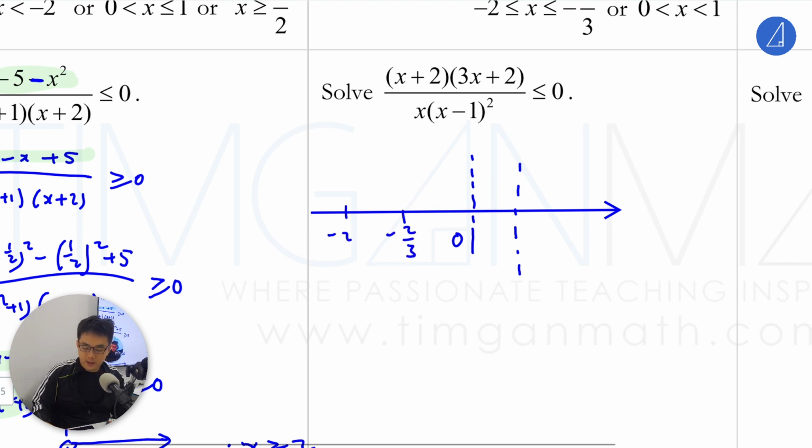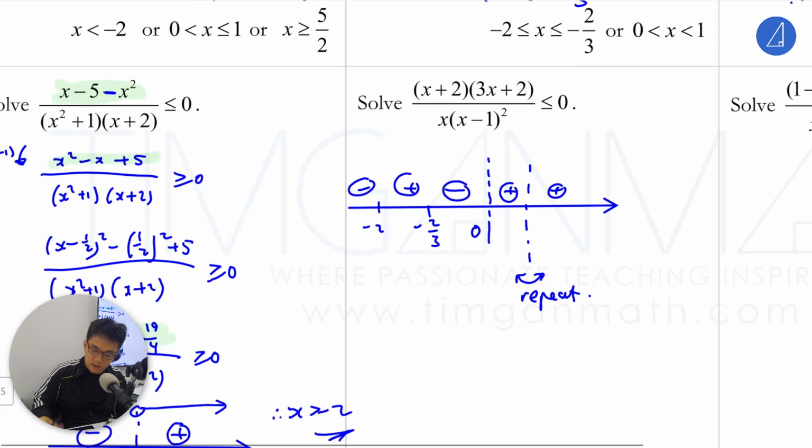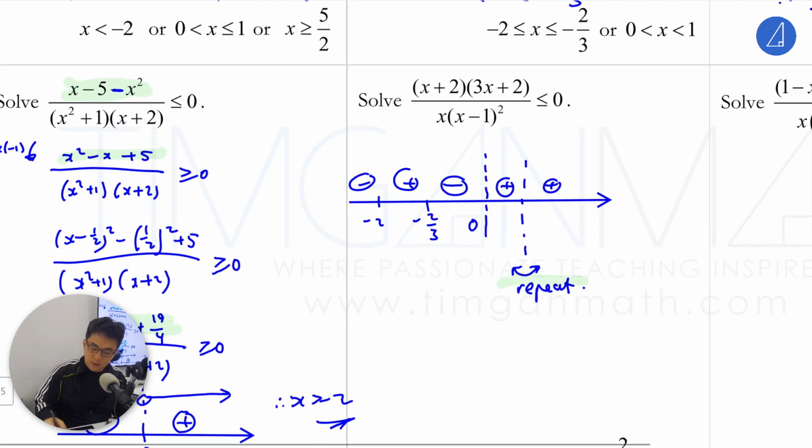Easy game. Huge value will be positive. This guy is repeating. Repeats as well. So plus, minus, plus, minus. Just repeat. So once you repeat, you want the negative region, which is here to here, here to here.